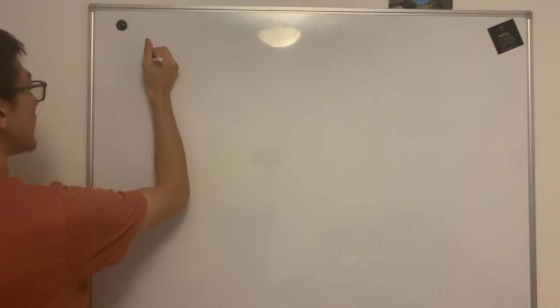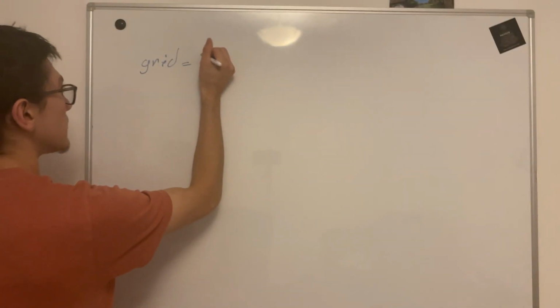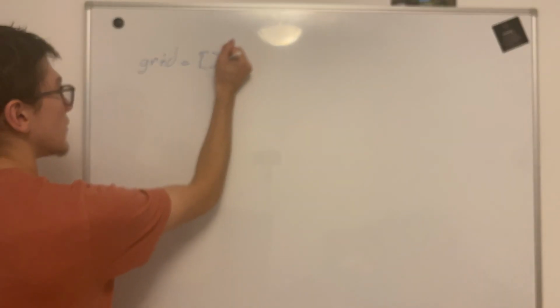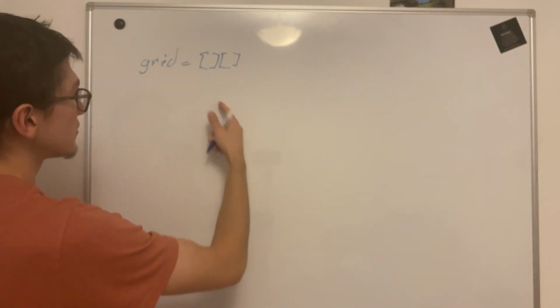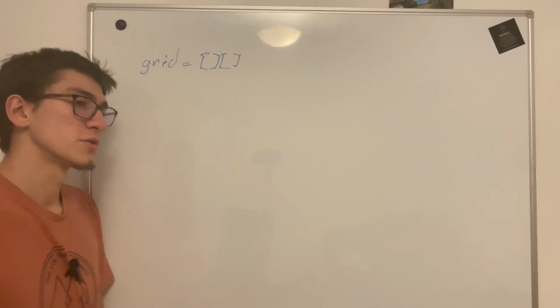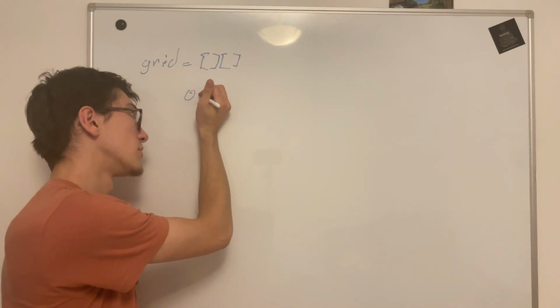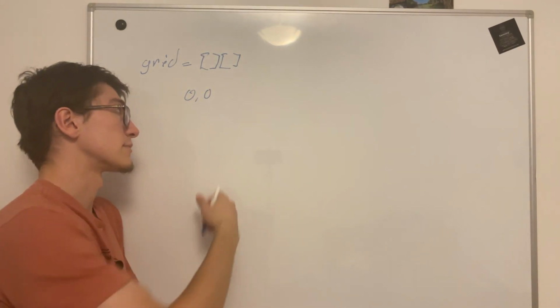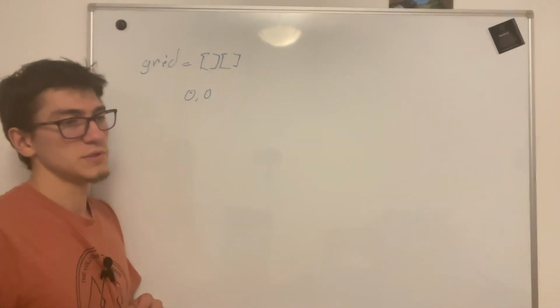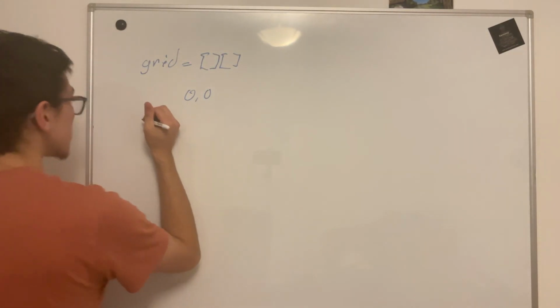It'll be a 2D array of cells. So now we'll be starting at, let's say, 0, 0, index 0. This will be the starting cell.